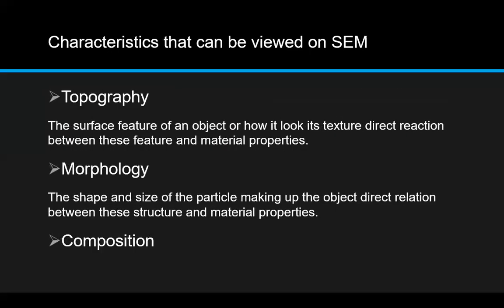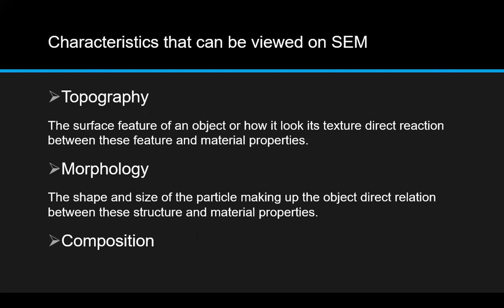Topography, morphology, composition. Topography: the objects or features of the surface, what it looks like, the texture, and the direct relation between the features and the material properties. Morphology: the shape and size of the material that makes up the object, and the direct relation between the structure and the material properties.